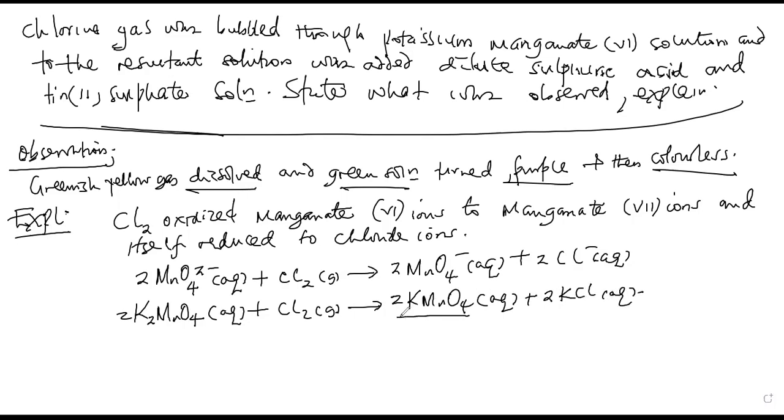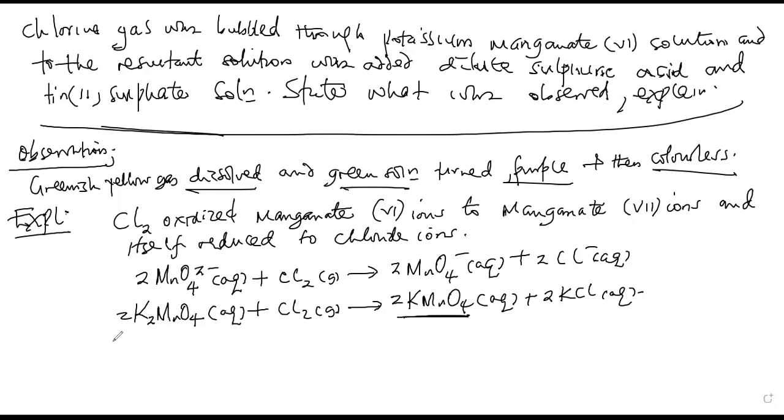Now, this potassium permanganate, because it's an oxidizing agent, will oxidize tin 2 ions to tin 4 ions as it is also reduced to manganese 2 ions.